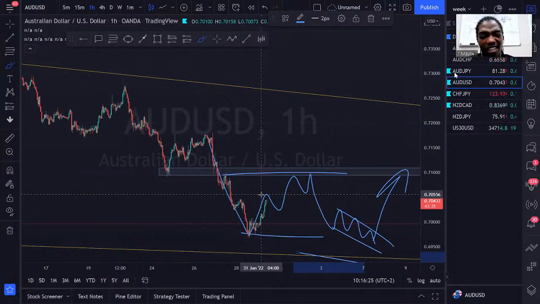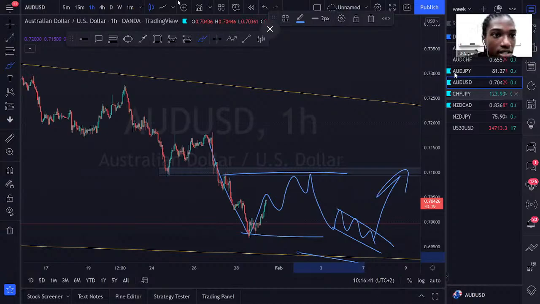And if nothing is clear to you, if it's confusing, you wait, because the more you wait, the more you give price action time to play out. The more price action plays out, the more information you have on your chart to make a better decision at a later stage. So guys, patience. Nonetheless, let's move on.